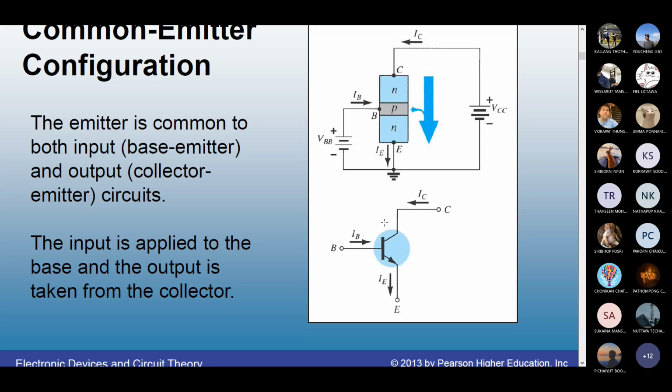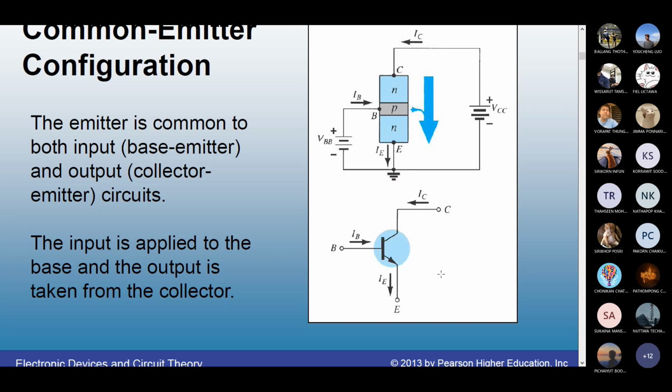And here is the symbol of the BJT, bipolar junction transistor. Just like the diode and Zener, the BJT has its own symbol in the circuit. It is drawn like this. The vertical black line is always connected to the base terminal. The other terminal is the collector, and the emitter terminal has an arrow.